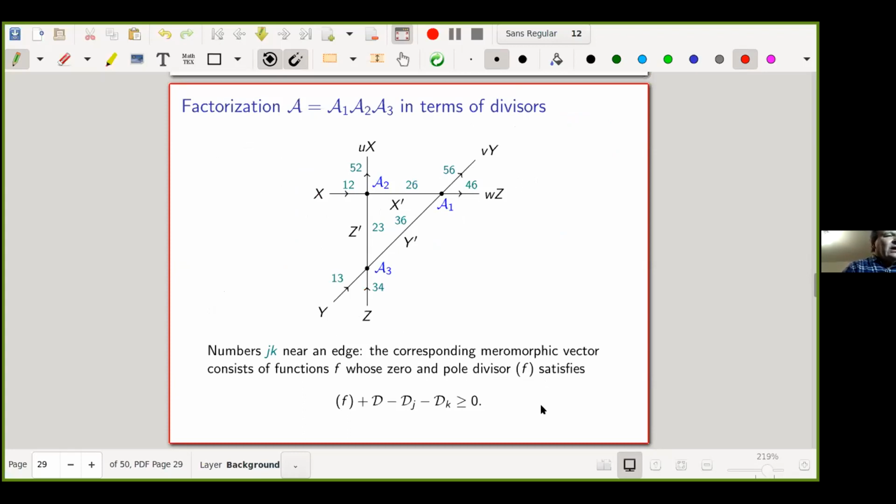At each edge, there are two numbers that correspond to nothing else but linear restrictions, but linear restrictions for meromorphic functions on different segments of these edges. For instance, here, here, or somewhere else here. Here you see 2 and 6.